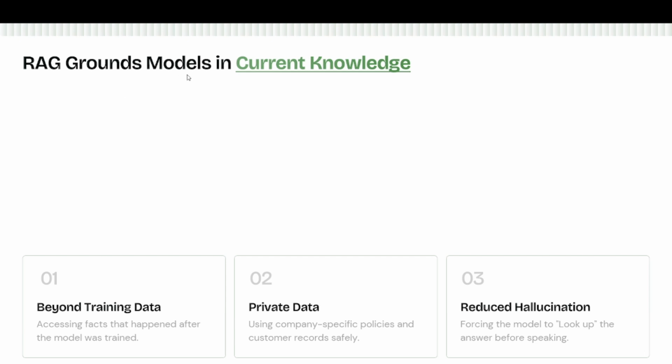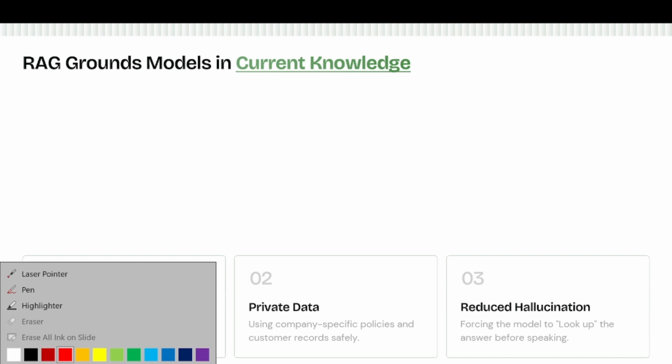So here, RAG normally grounds models in current knowledge. RAG grounds models in domain knowledge, in business expertise knowledge, or in a particular knowledge that the system is using. So beyond training data, RAG accesses facts that happened after the model was trained.